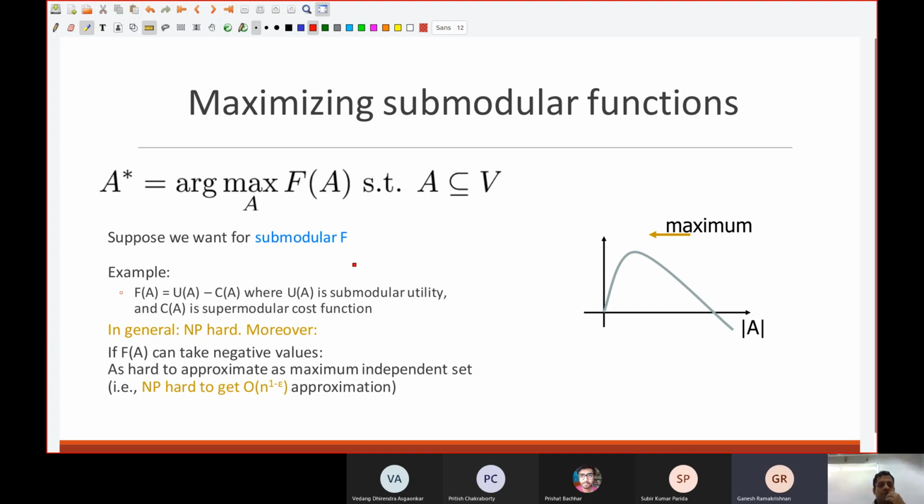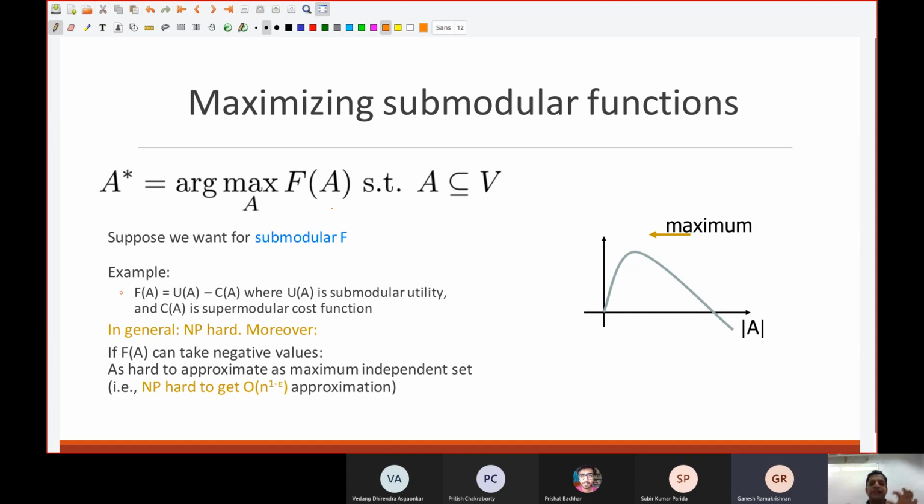Okay. So f of A, for example, could be a submodular utility. C could be a supermodular cost function. You could also have combinations, right? So you could have U(A) minus C(A). So in general, the problem is NP hard. And we can show that a specific example of F is set cover.